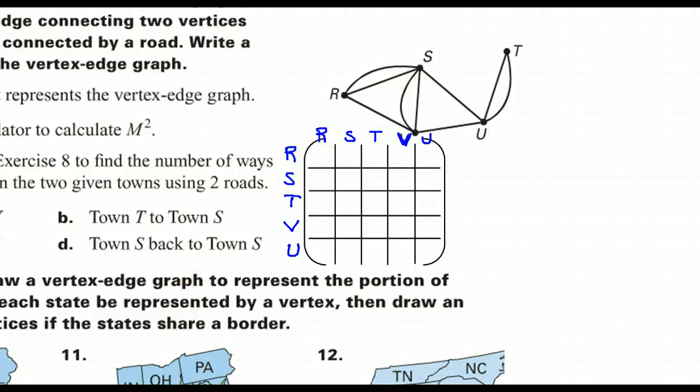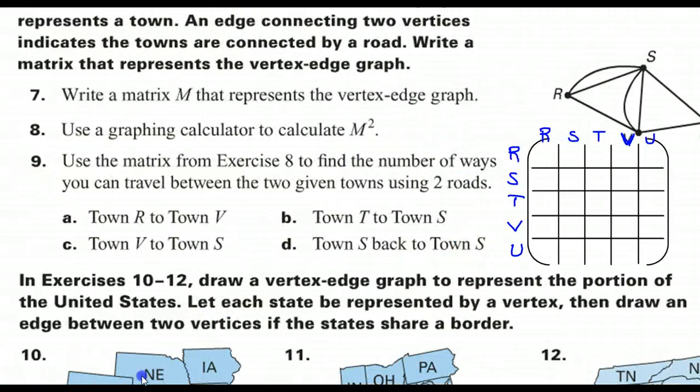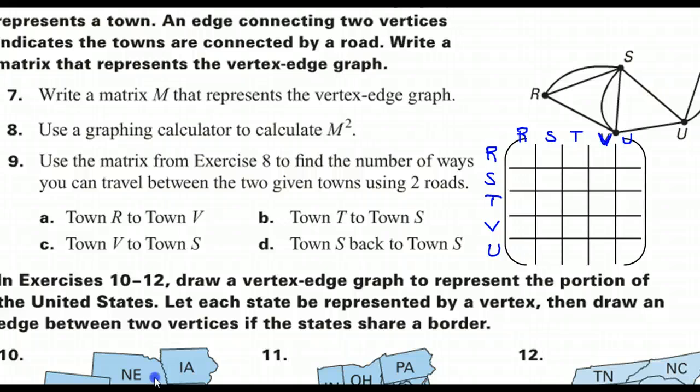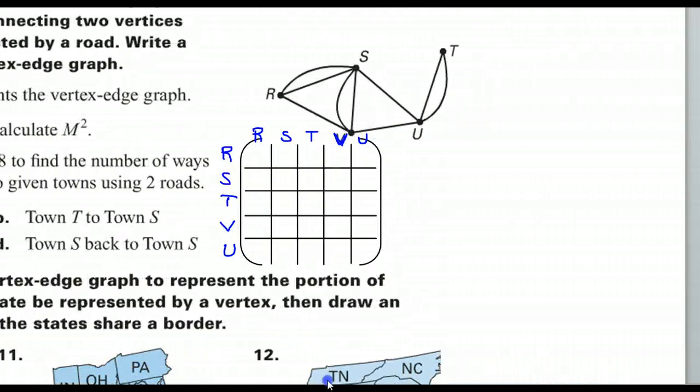So, we're supposed to make a matrix for number 7, right? A matrix M that represents the vertex edge graph. So here we go. None of these are connected to themselves. So R to R, S to S, T to T, V to V, U to U, those are all nothing. But between R and S, there's a double connection.